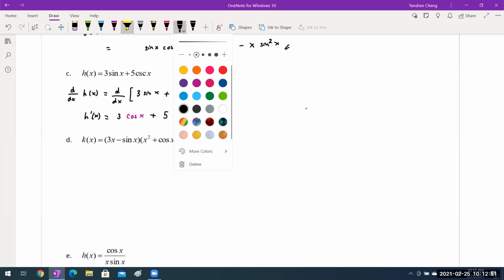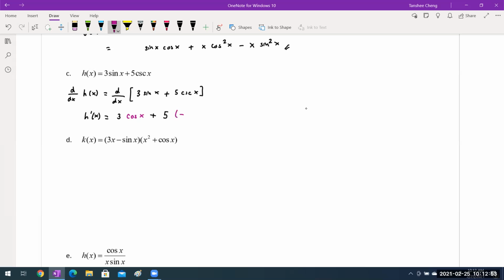So this will become negative cosecant x times cotangent x. So finally, if you rewrite a little bit on this, then that will be your final answer.